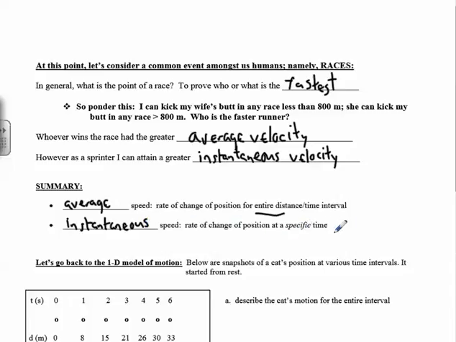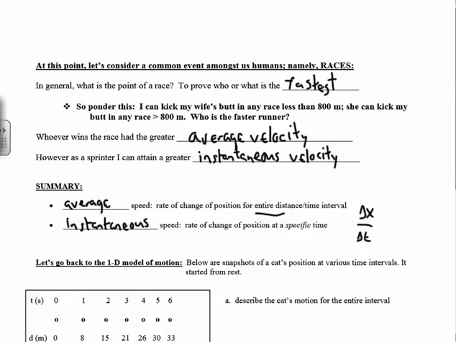Both have the equation delta x over delta t. Implicit in the definitions is that delta t for instantaneous is very, very short, and usually delta x will be short as well. So we can do some simple calculations with one-dimensional models, and then I'm going to go back to the graph and talk about other situations.